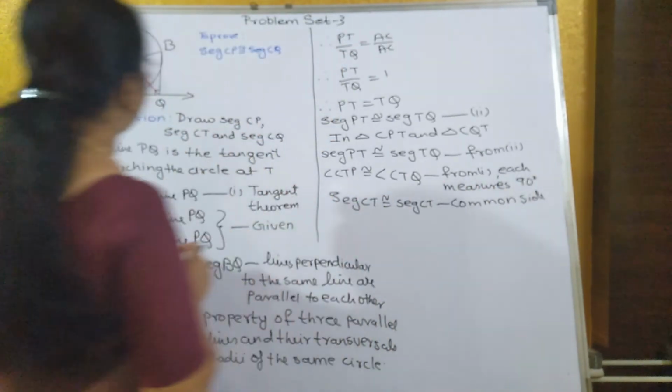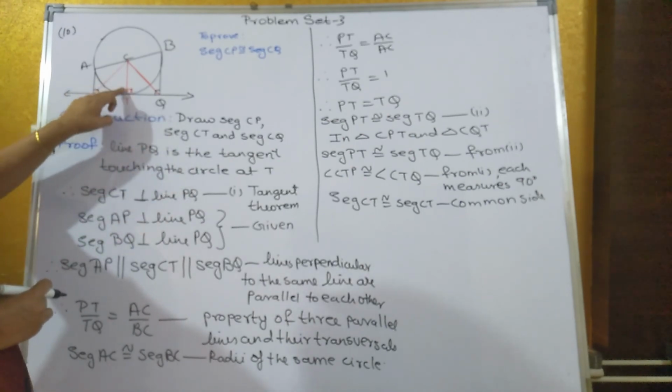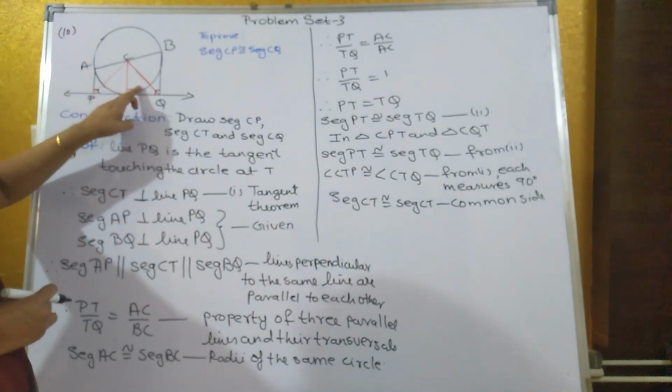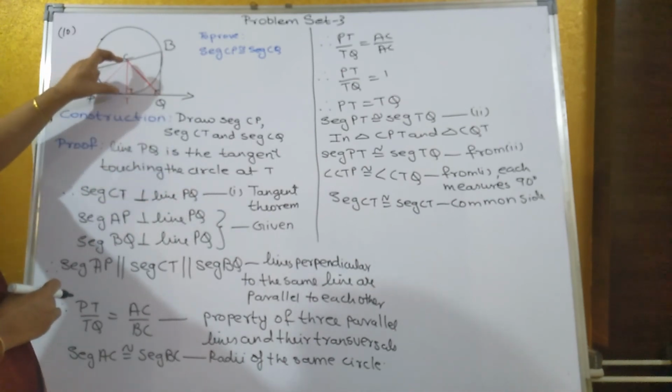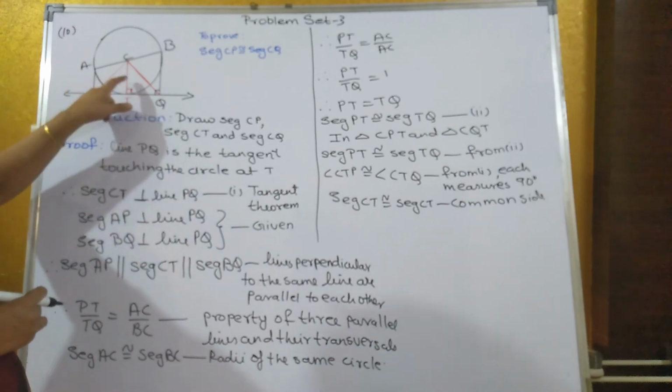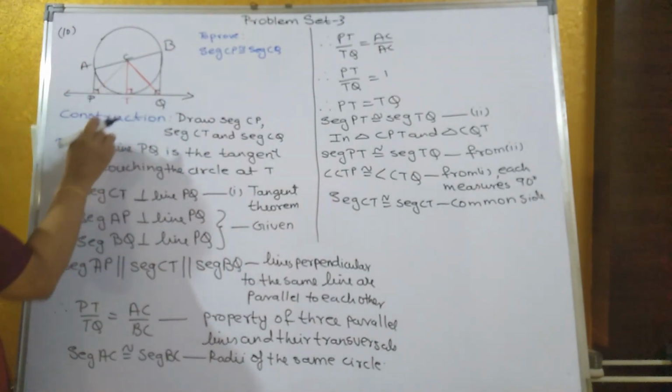So in both triangles what did we get? PT is equal to TQ, then angle CTP is equal to angle CTQ, while each is 90 degrees, and CT is congruent to CT, common side. Therefore the two triangles are congruent by which test? SAS test.